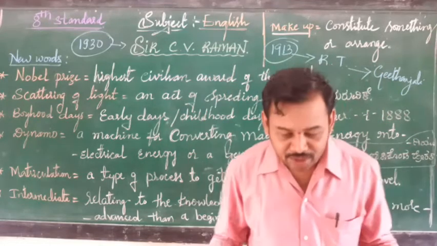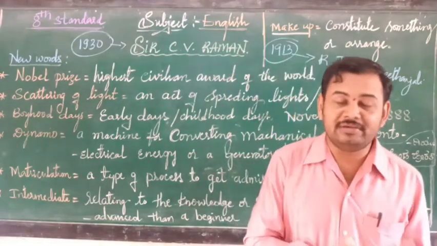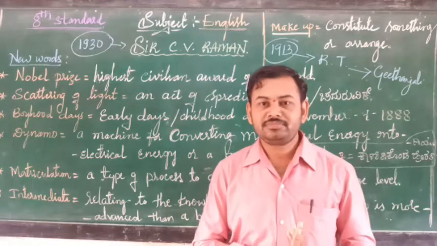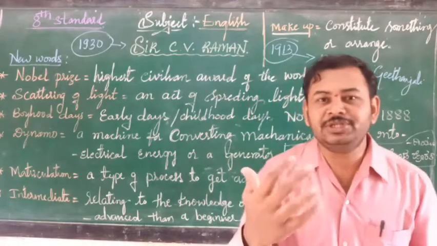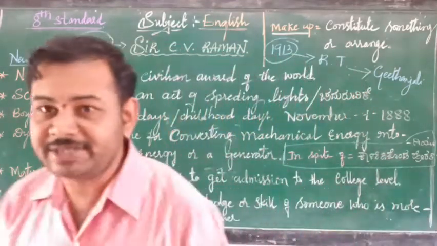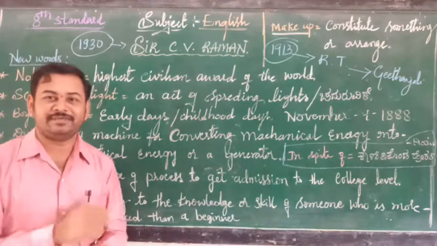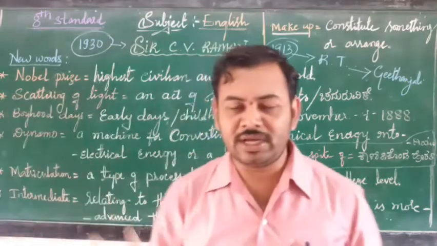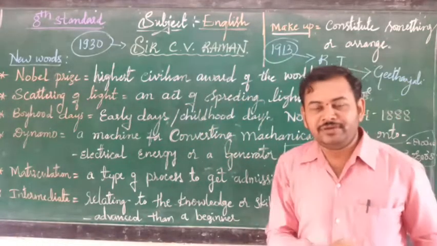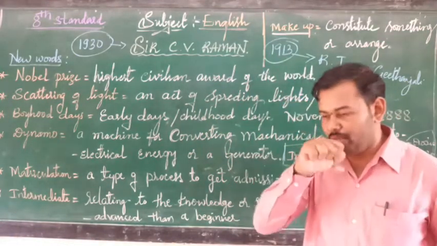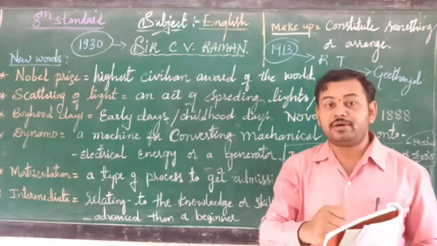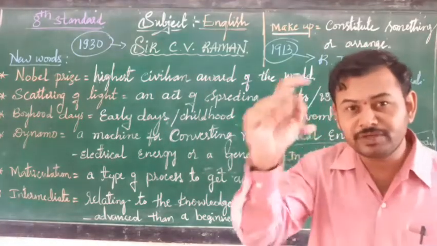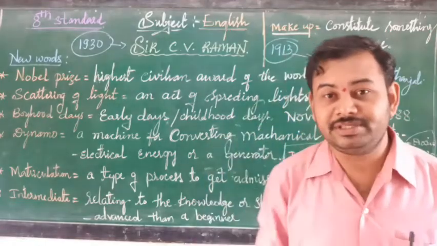Even though he fell sick now and then, even though he got many suggestions from his relatives as well as his friends to take other subjects instead of physics or chemistry, he did not do that. He took physics and he got first rank also in the subject of physics.